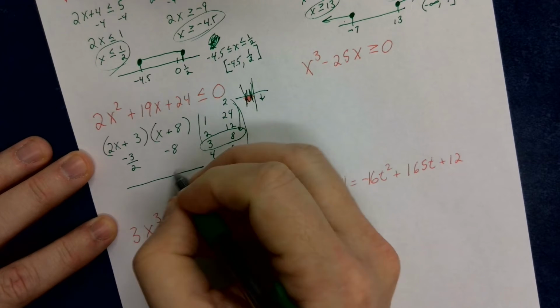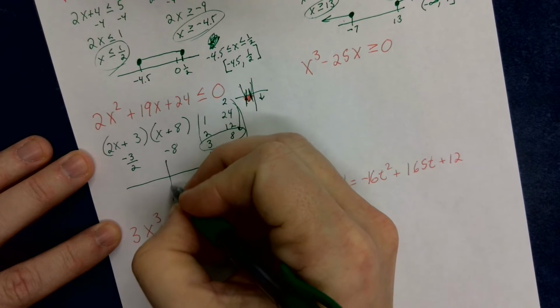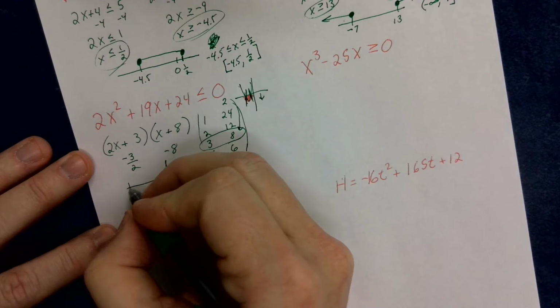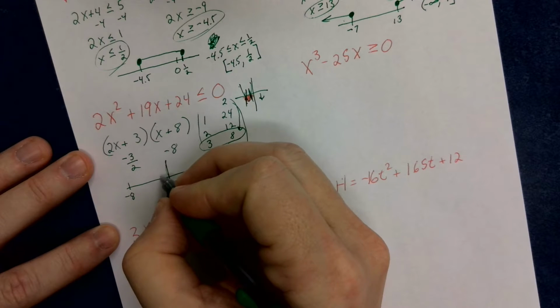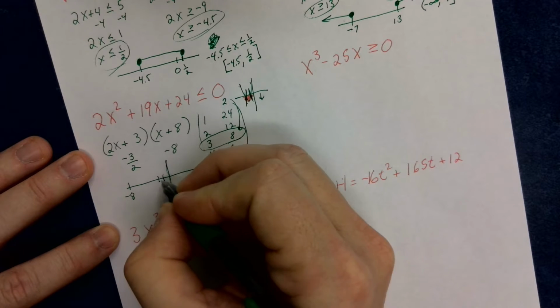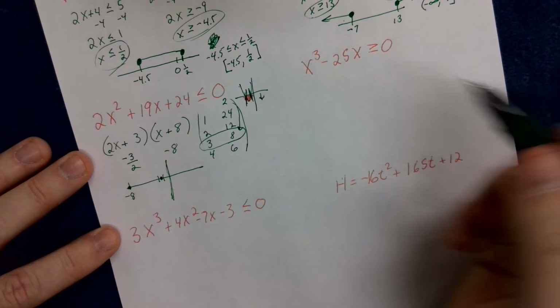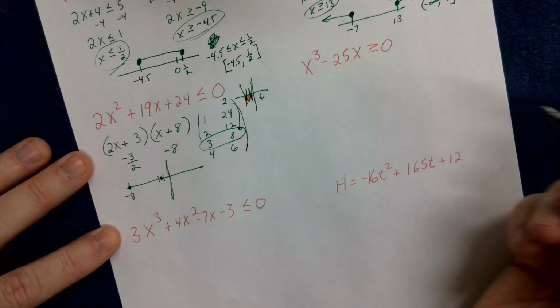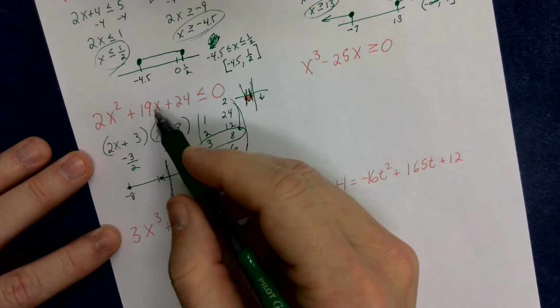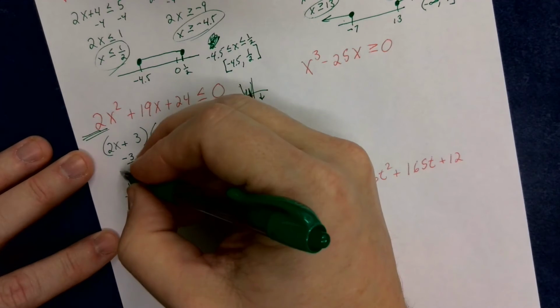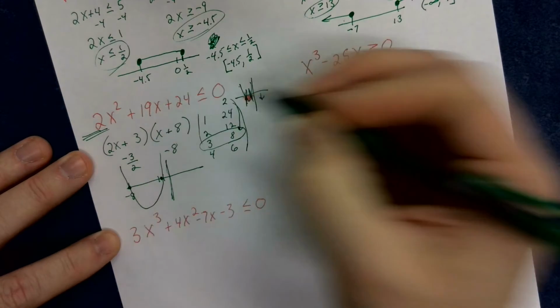I'm going to come down here to my number line. Or actually, I'm going to put this number line right on an axis system. So negative 8's way over here, and negative 3 halves is right here. And since we know that those are the places it crosses the x-axis, and it's a parabola that opens up because it's positive, my parabola has to go like this.